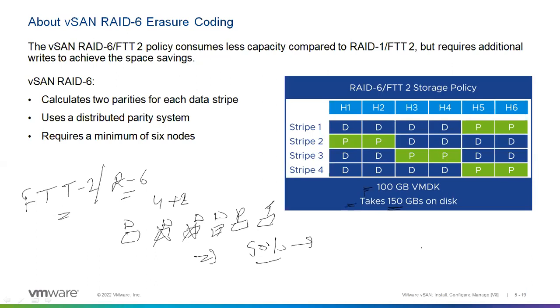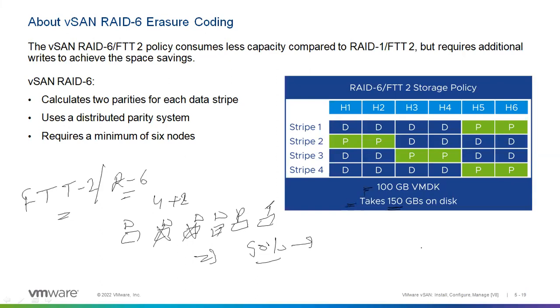But the advantage over RAID 5 is you are getting 2 failures to tolerate. The disadvantage is more space as compared to FTT1 RAID 5.